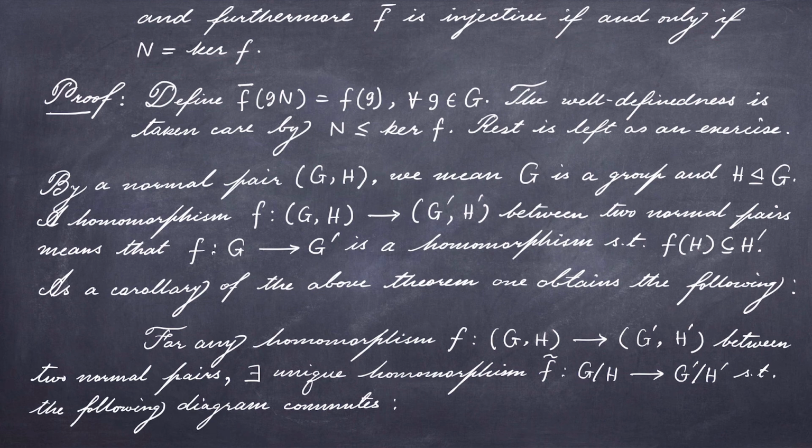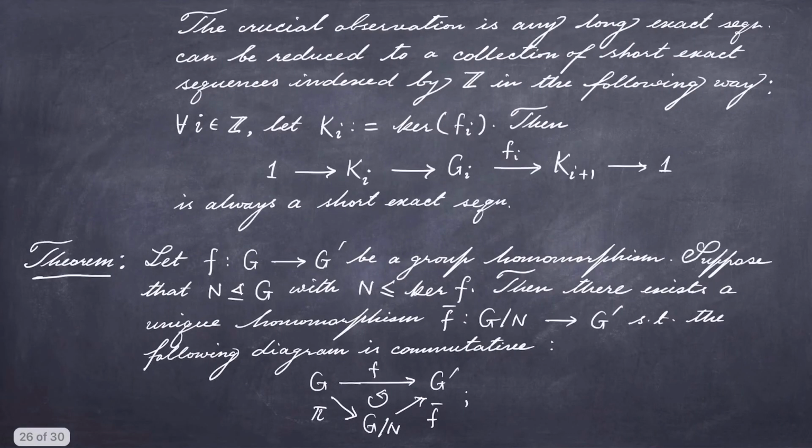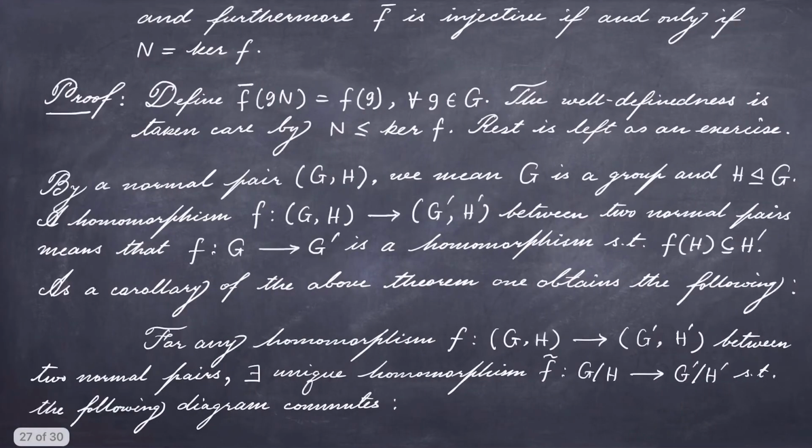As I said, here F bar is defined exactly in a similar manner to what we have done in the first isomorphism theorem. Any coset is being sent to this. The well-definedness is taken care of by this inclusion, and the commutativity of the diagram is obvious.